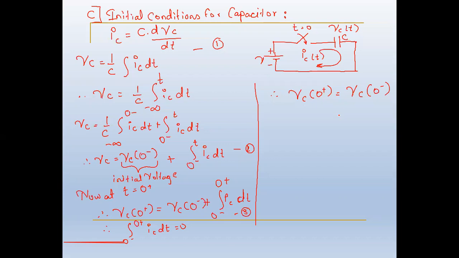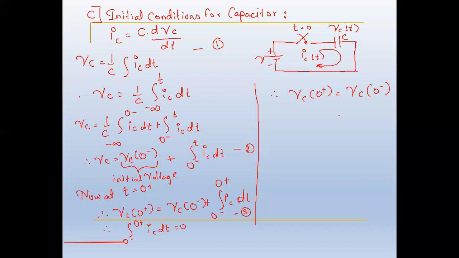Thus, under steady state condition, the capacitor is represented by a voltage source V0 in series with an open circuit. So these are the conditions at t is equal to 0 plus and t is equal to infinity.